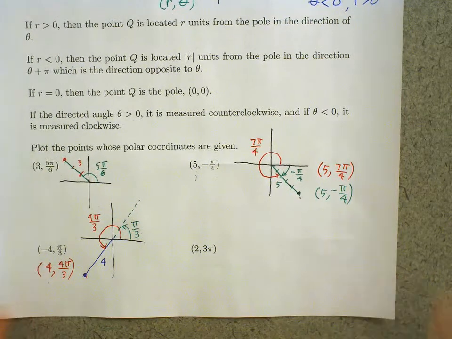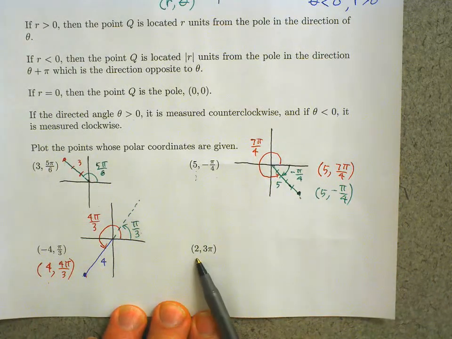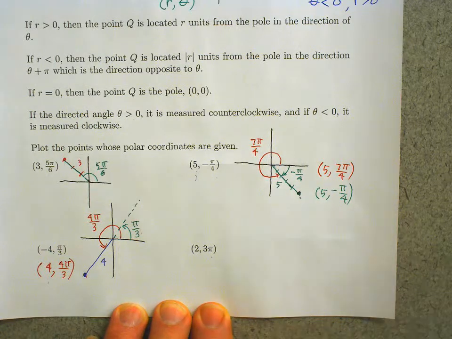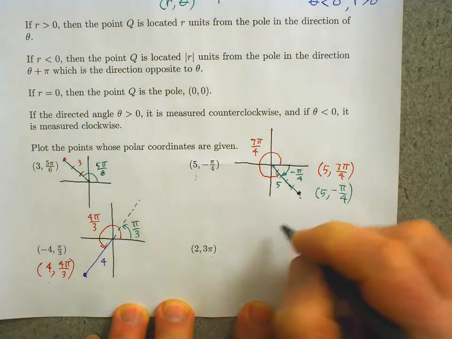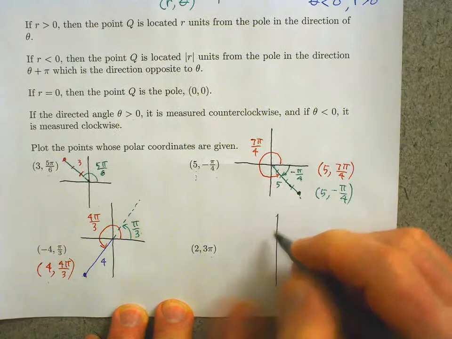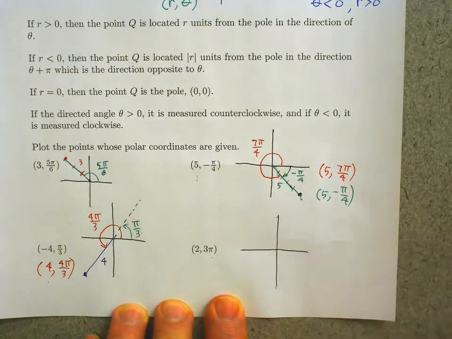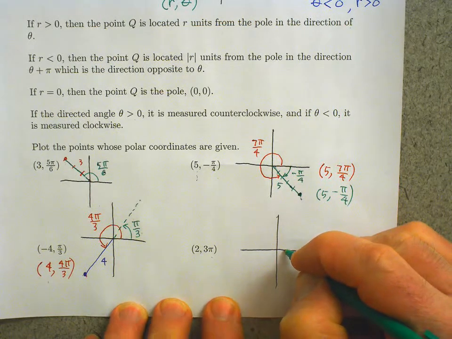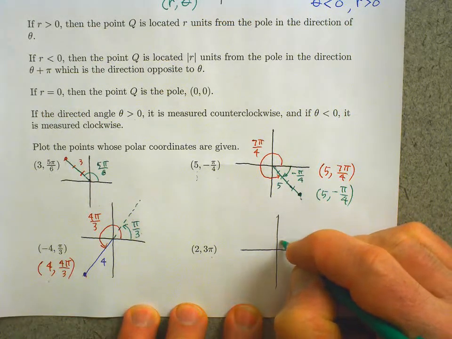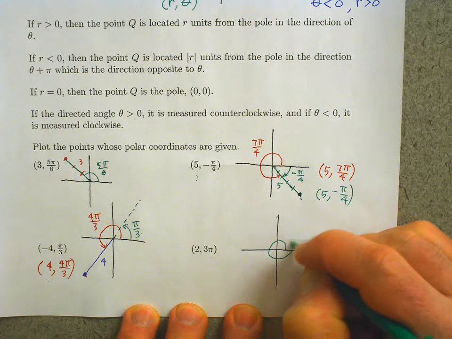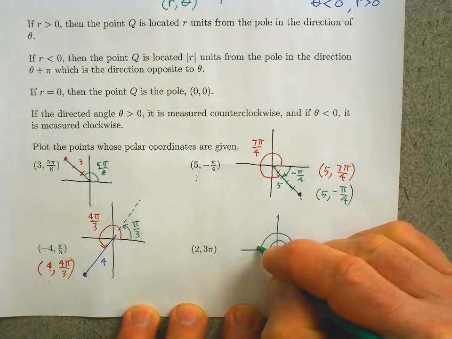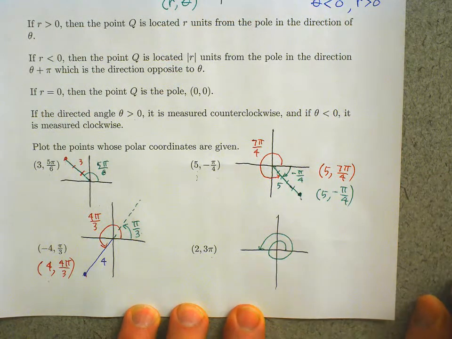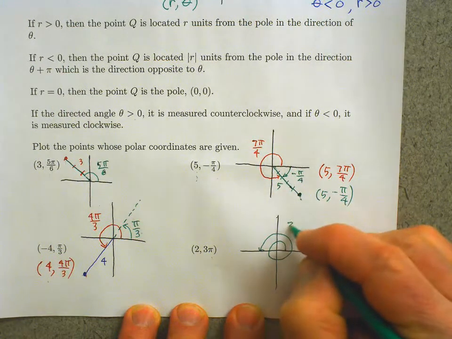Here's another example. The polar coordinates are r equals 2 and theta equals 3 pi. So in the xy plane, 3 pi is 1.5 revolutions counterclockwise.